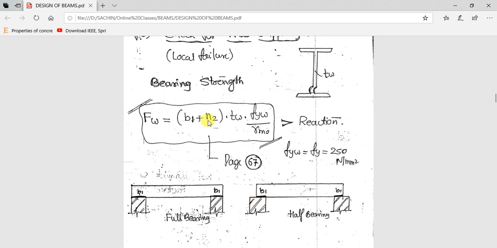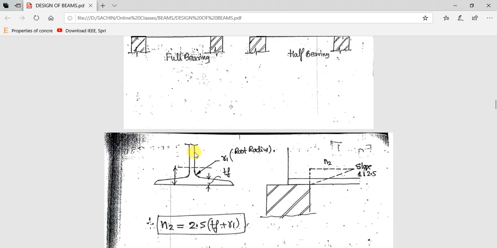Now what is N2? If you take the bottom portion of an I section, I told you that you will have a root radius over here, and this will be the thickness of flange.